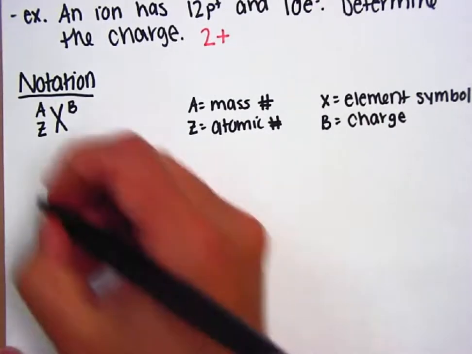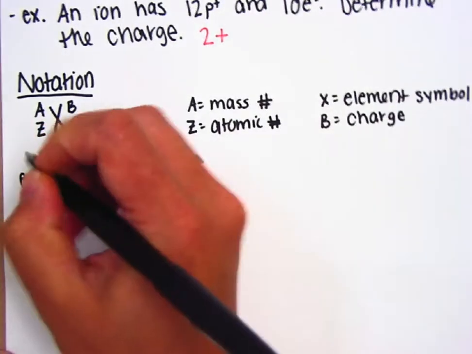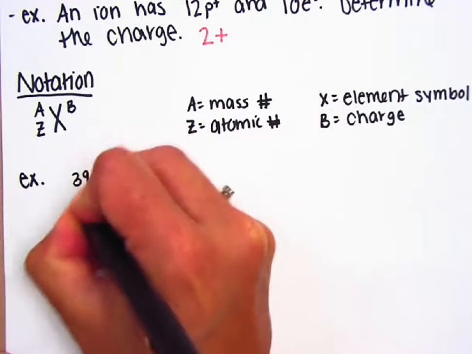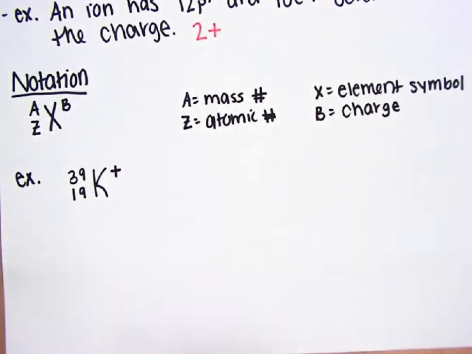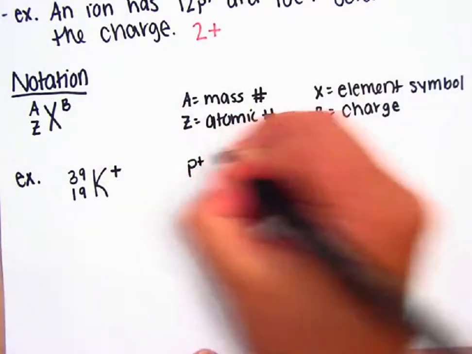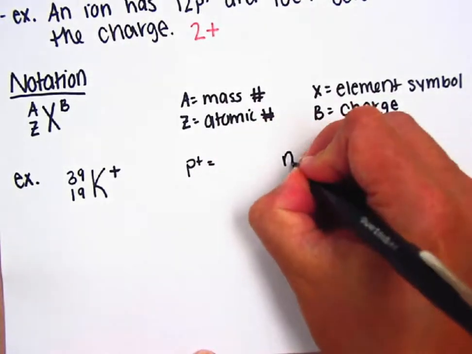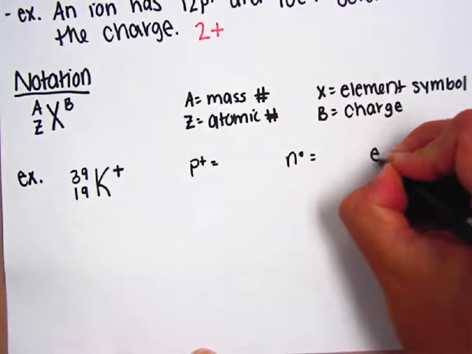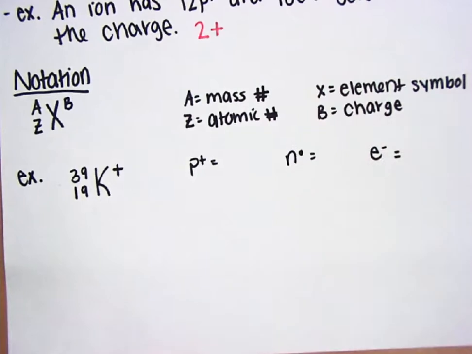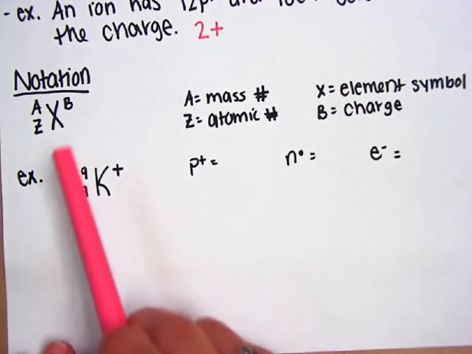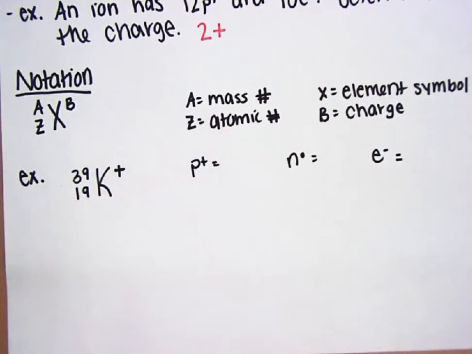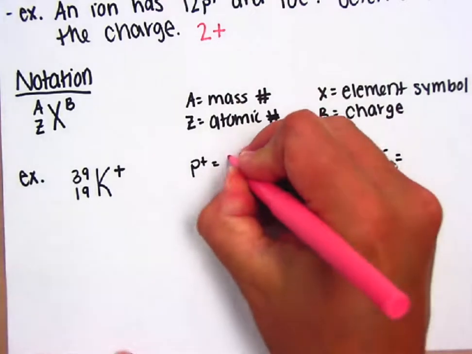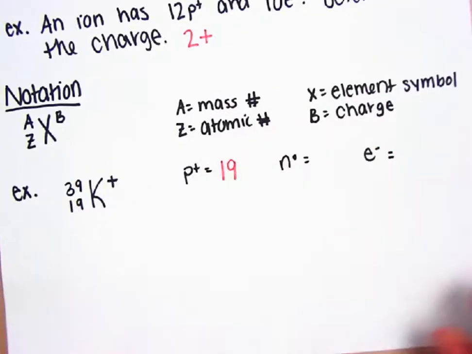Let's look at two examples using this notation system. So let's say I had potassium. Z, the bottom number, is the atomic number. Potassium has atomic number of 19. Atomic number is equal to the number of protons.